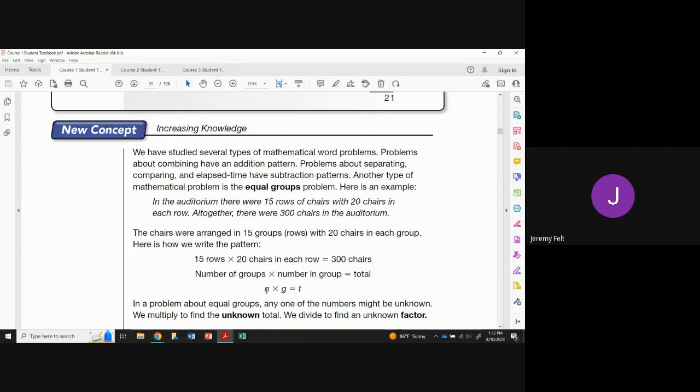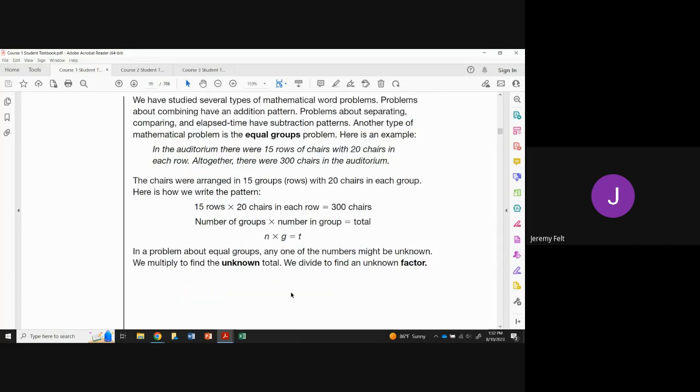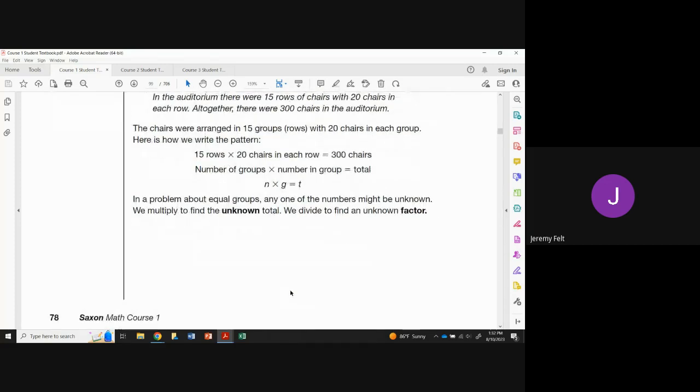So number of groups times the number within the group is going to equal the total. And depending on what we're starting with, we're going to use our inverse operations. We're multiplying in this case, so we're going to be dividing in order to find our unknown, or what we're looking for.